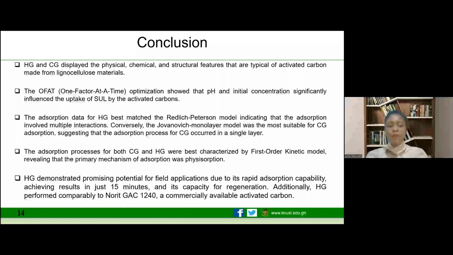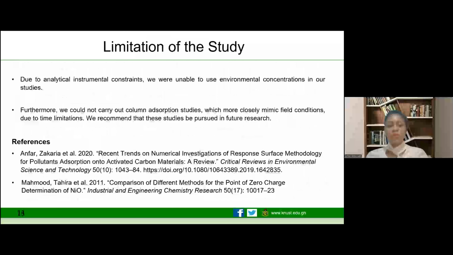HG showed promising field application due to the rapid equilibrium achieved in just 15 minutes and its capacity for regeneration, and it competed favorably with Norit GAC. We had a lot of constraints in this study, majorly due to analytical instrument constraints. We were not able to use the environmental concentrations found in nanogram per liter and microgram per liter.